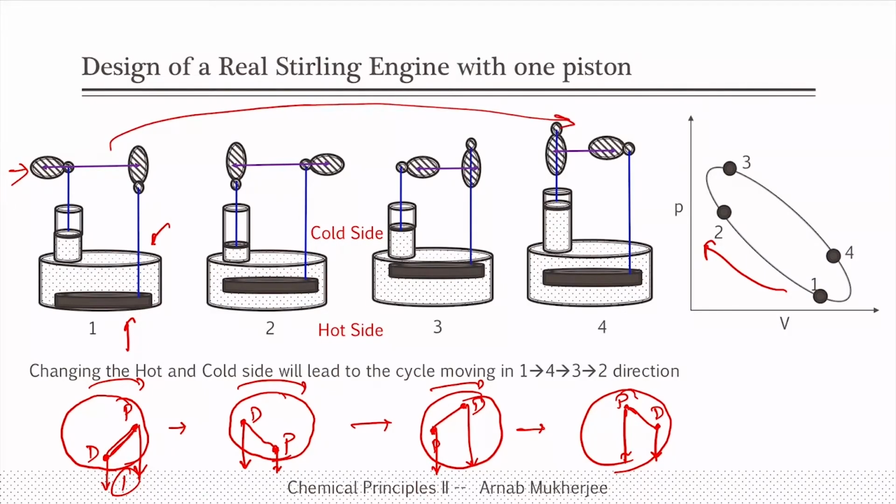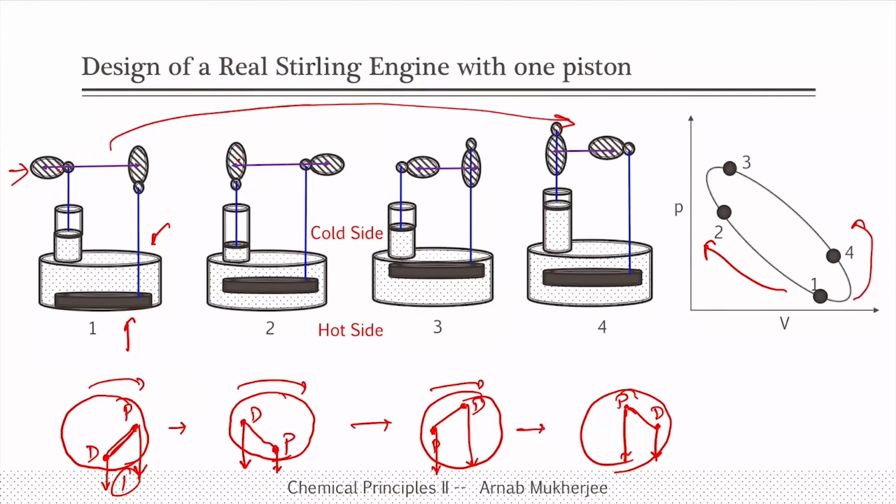So, you see once that happens from 1 to 2 to 3 to 4, this rotation is in a clockwise direction. But if it goes in the opposite direction, 1 to 4, then it will rotate in the other direction. Right now it is rotating in a clockwise manner, but if this is colder and this is hotter, then from 1 it will go to 4, expansion will happen.